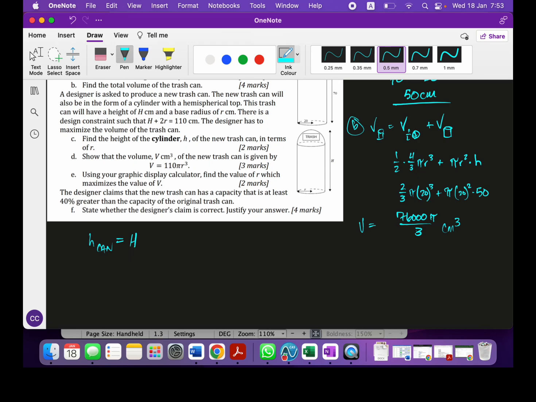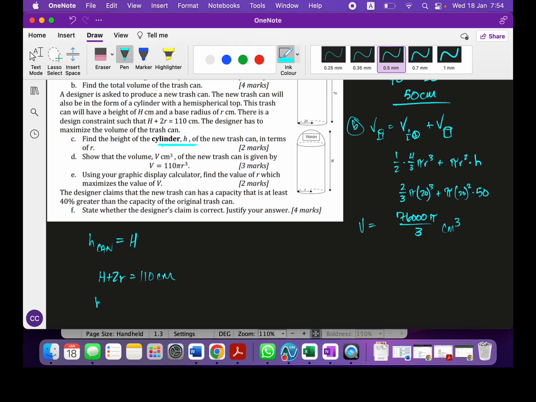So we also know that h plus 2r has to be 110 centimeters. And we're asked to find the height of the cylinder itself in terms of r.